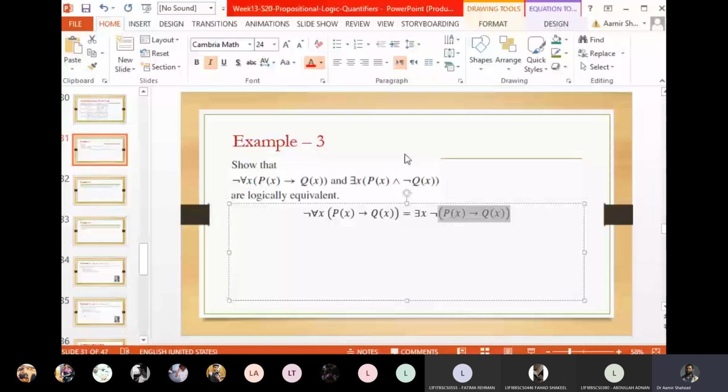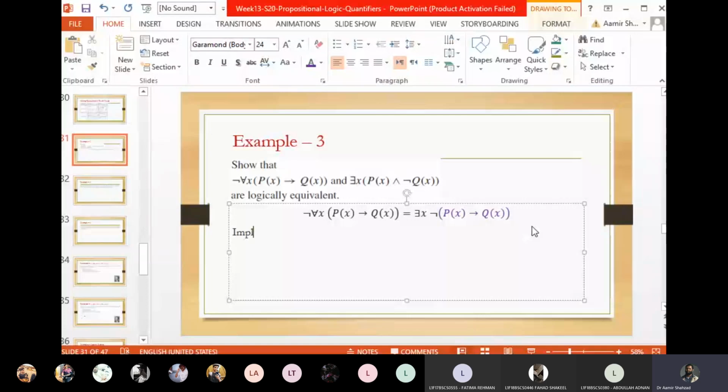Let's highlight it. So we have to do the negation of this implication. But we know implication is equivalent to not P of X or Q of X.